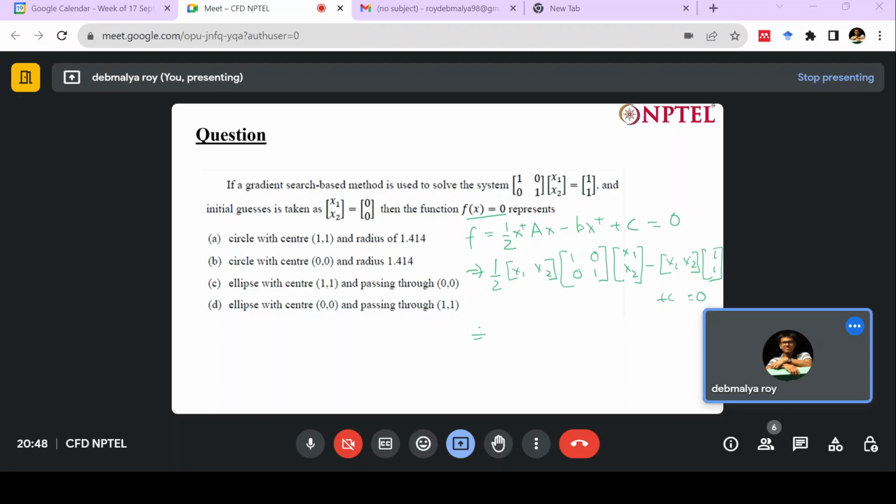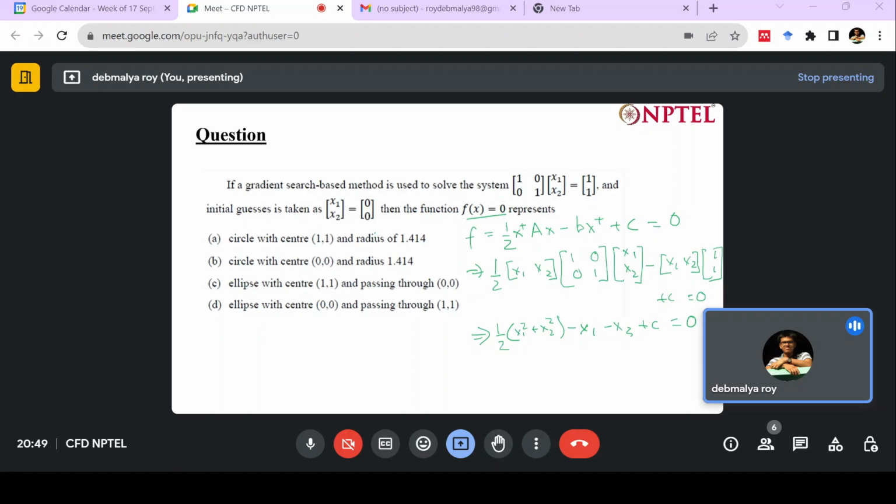So we can simply write it out as half. Since this is the identity matrix, we can simply multiply this: x1 square plus x2 square minus x1 minus x2. This is equal to, okay, this c is there, plus c. This is equal to c.